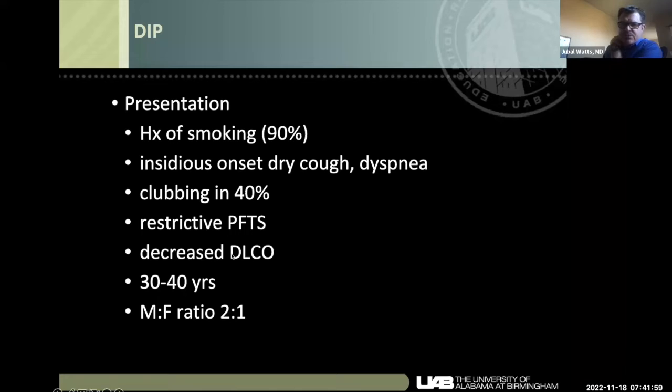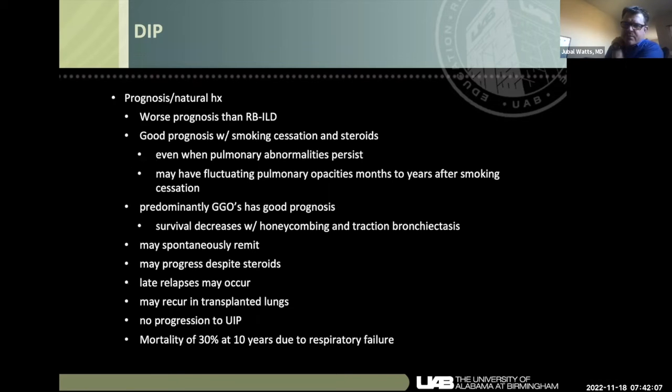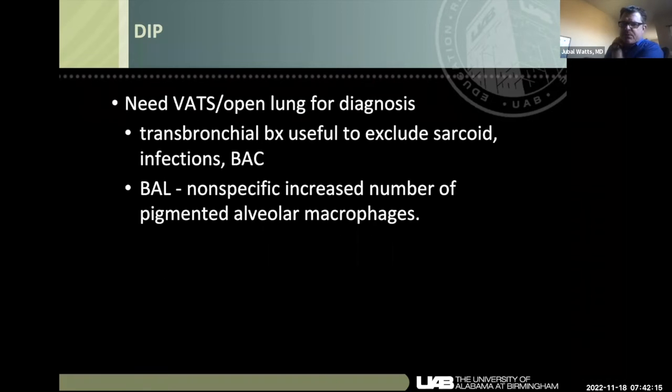Most occur in smokers. They can have restricted PFTs, decreased DLCO, tends to occur in a younger population than gets UIP, IPF, and more common in males. So prognosis is, well, with DIP, it's worse than RBILD, but it's pretty good overall. Rarely it'll progress with smoking cessation and steroids.